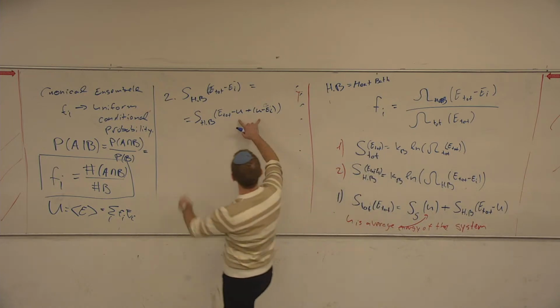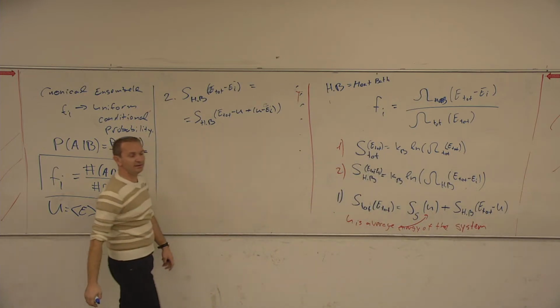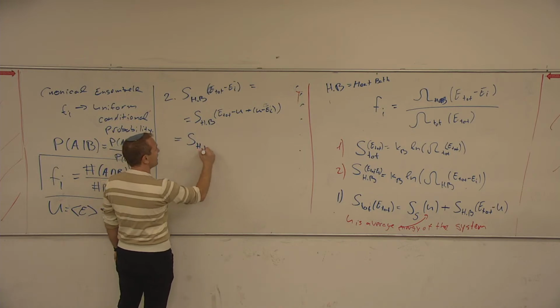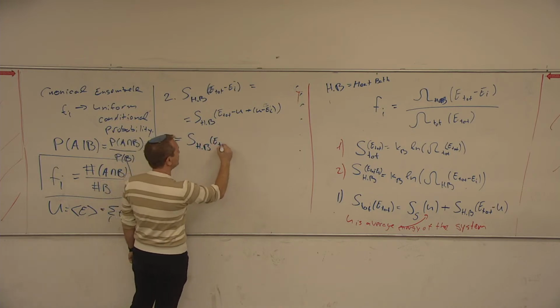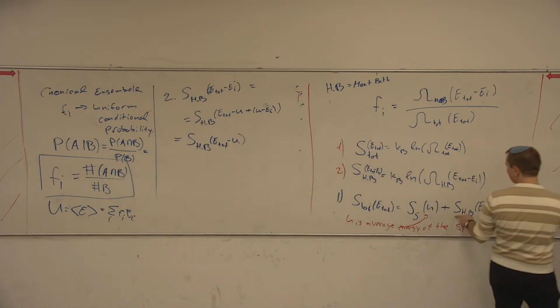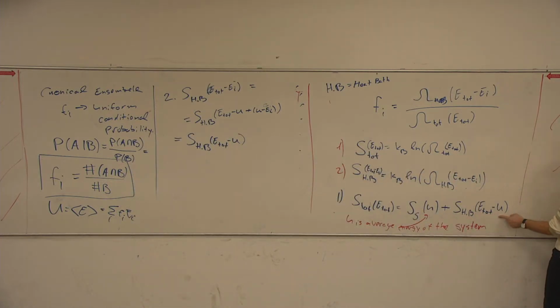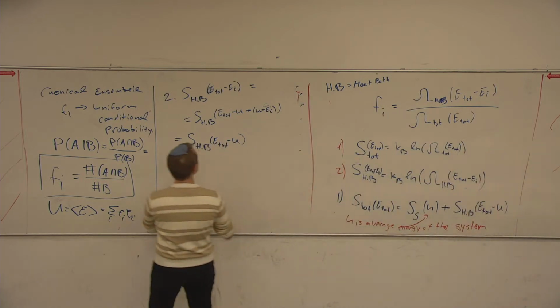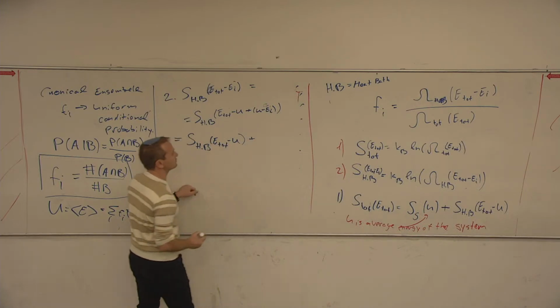Okay, so what I do with this, I expand it in a Taylor series. Now this is heat bath of E total minus U. Why did I do that? Because here I have S of heat bath E total minus U, right? But I also have additional terms. What are my additional terms?